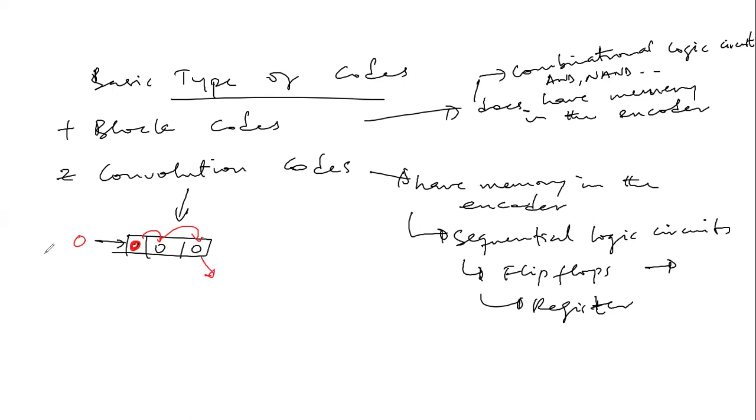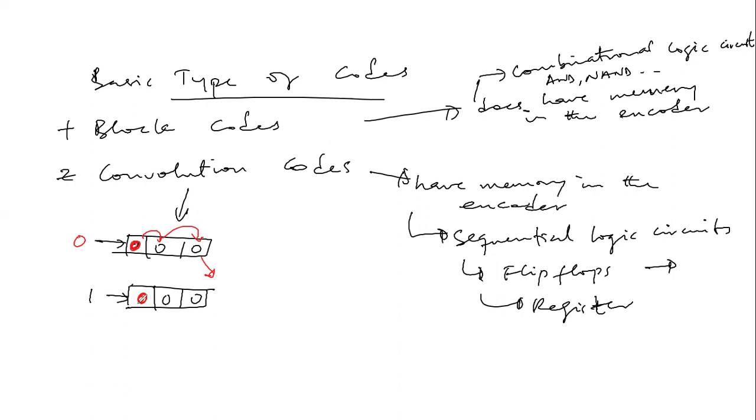So we'll now understand this when we use a 1. Let's assume this now becomes the initial state where we have 3 shift registers, 0, 0, and now we have this. Then we feed in the input 1.